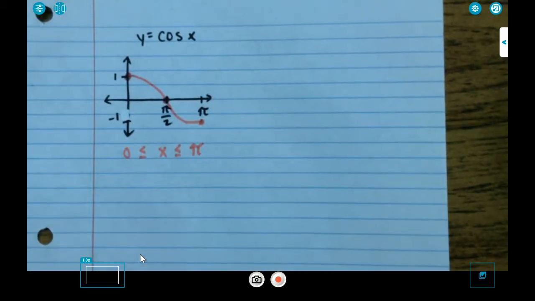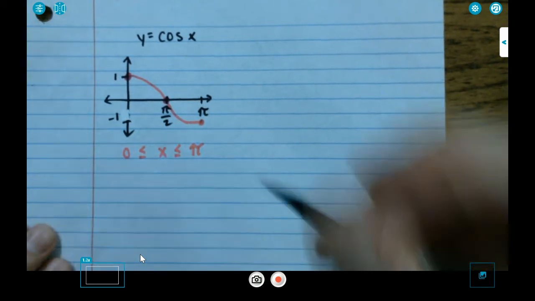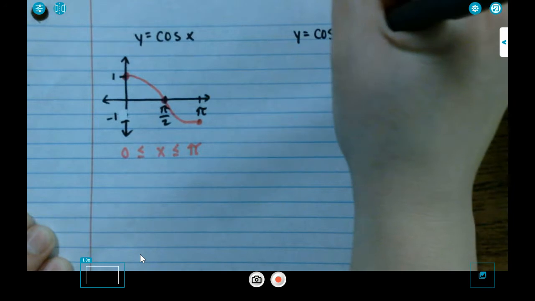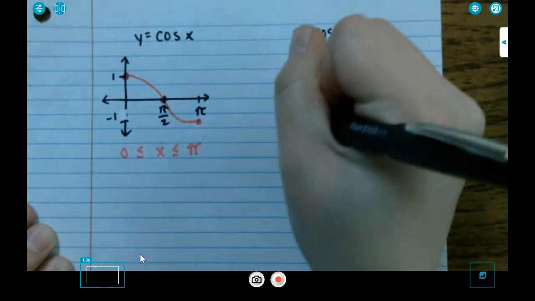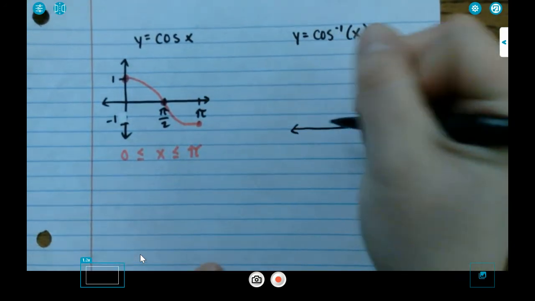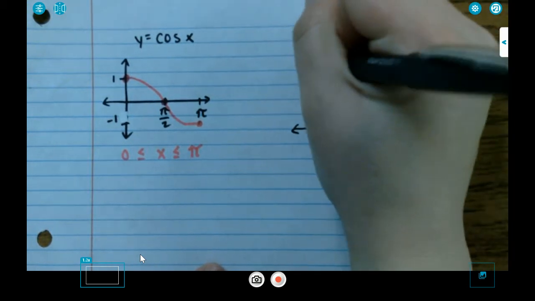So then when we graph our inverse function, y equals cosine inverse of x, which I'm just showing you what the graph looks like, it's just going to be like a tall, skinny graph starting at 0 here. And it's going to go all the way up to pi.